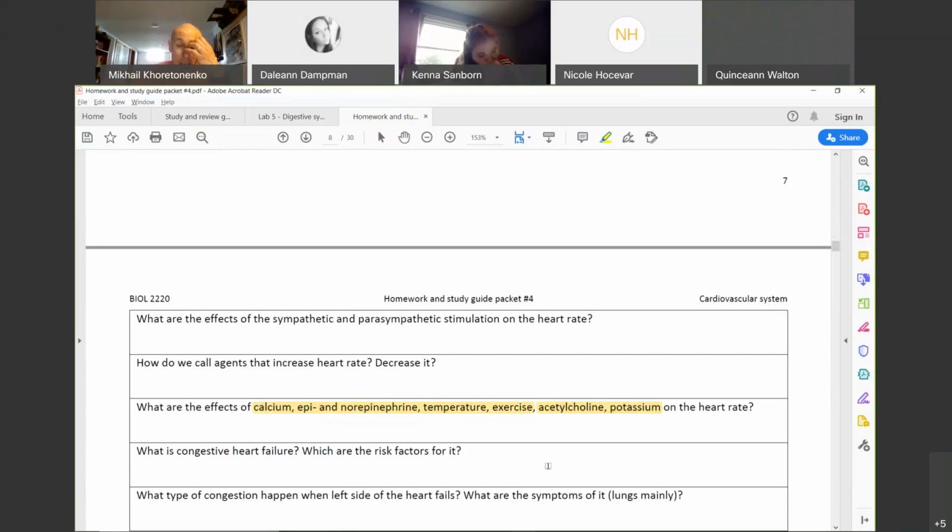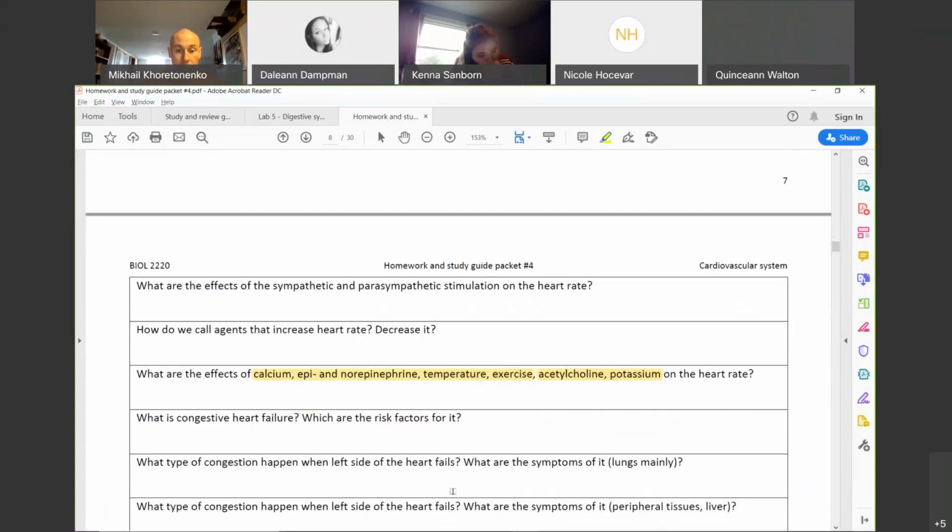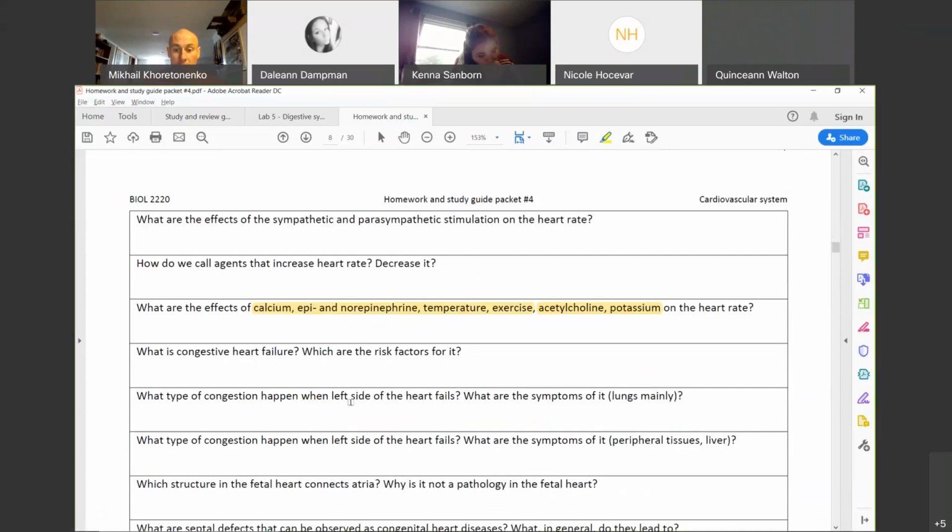Congestive heart failure is a mismatch in the pumping capacity between two sides of the heart. Risk factors: atherosclerosis, high blood pressure, obesity. Basically one side becomes weak, doesn't pump blood as well as the other side. If the left side fails, then congestion happens on the right side, the pulmonary circuit.